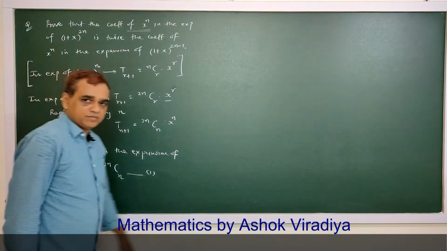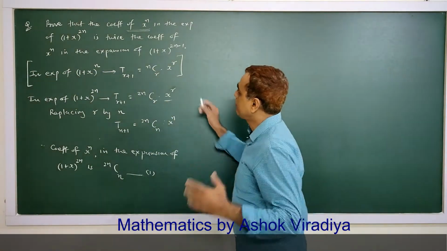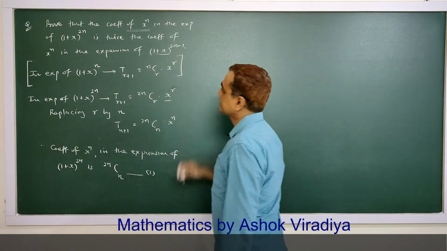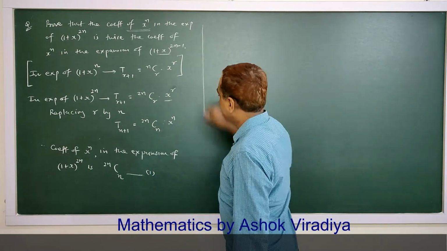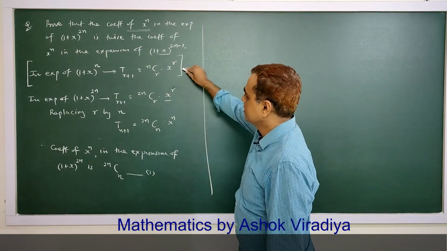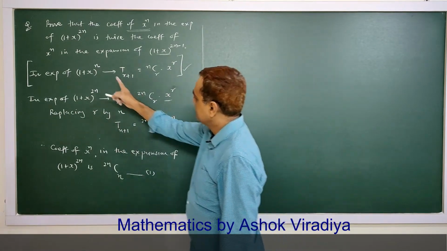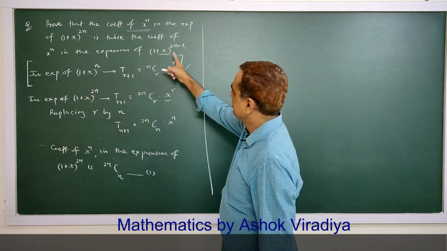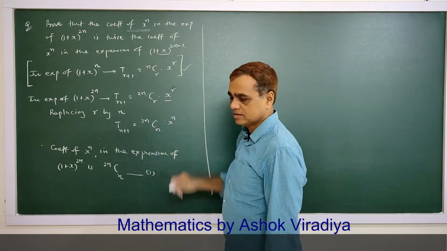Now we do it for (1 plus x) raised to 2n minus 1. So again, in this statement, I replace n by 2n minus 1.